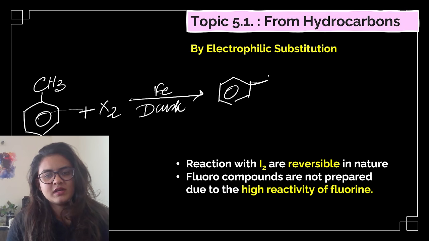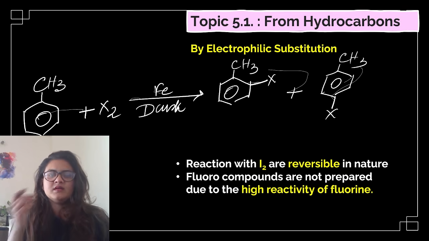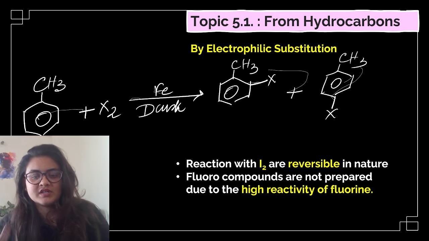Here I will get one X along with CH3 by default, plus here I will get para halo substituted toluene. This is the para. This is the electrophilic substitution reaction.